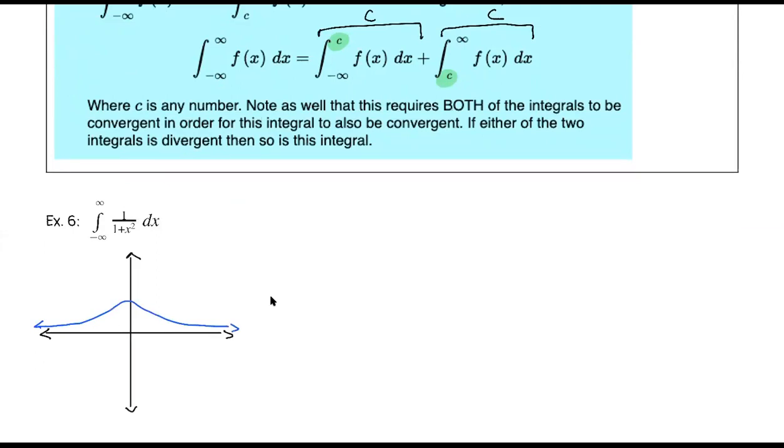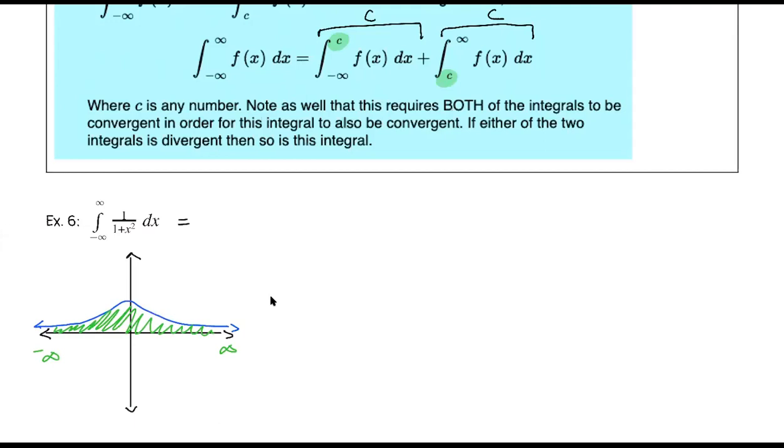And so what we're trying to find out is, do these ends drop fast enough so that when I try and find the entire area underneath that curve, can I find it? Okay.